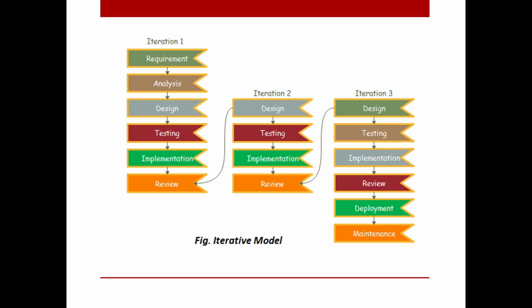The iterative model can be used when a new technology is being used and is being learned by the development team while they are working on the project. It can be used if there are some high-risk features and goals which might change in the future. It can also be used when the resources with needed skill sets are not available and are planned to be used on a contract basis for a specific iteration.